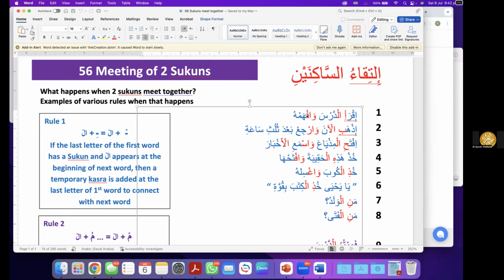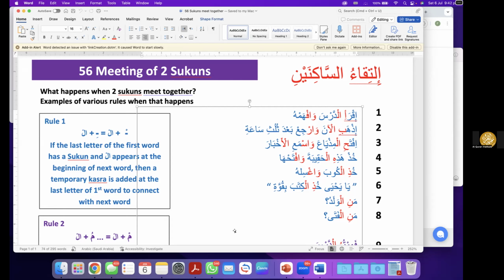Waf, this is Hamzatul Wasl, it's connected. So this is a different matter. We are focusing on this rule first, rule number 1. Izhab alana. Go now, order, izhab. But because of al coming after that, izhabil, temporary kasra. Everybody knows that. It is just to remind. Iftah in the same way.